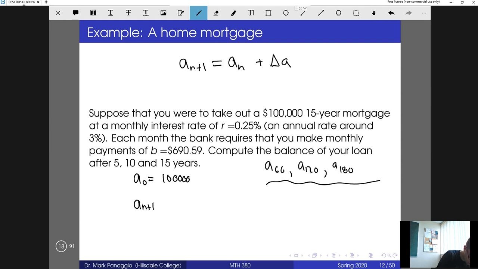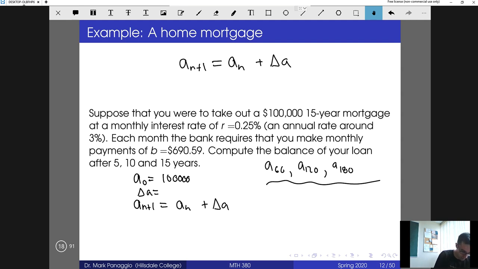Okay, and so we'll write down our update rule. A(N+1) is equal to A(N) plus delta A. But delta A, what is the change in A? Well, the balance changes for 2 reasons. One, there is interest, right? Because the bank has lent you money, you have to pay a little bit of extra. The balance is going to grow as a result of the interest.